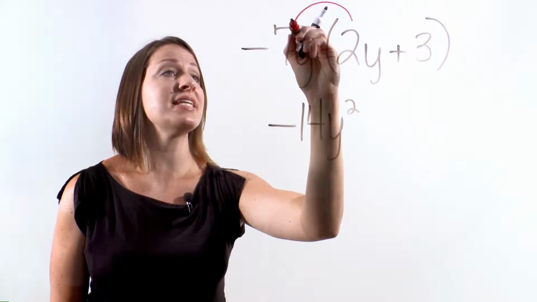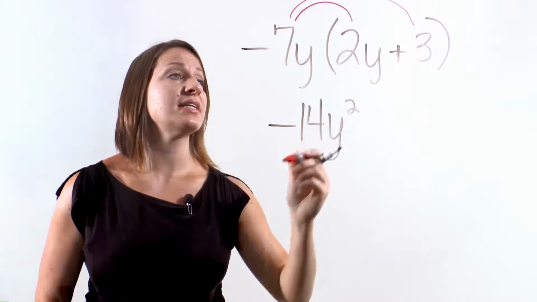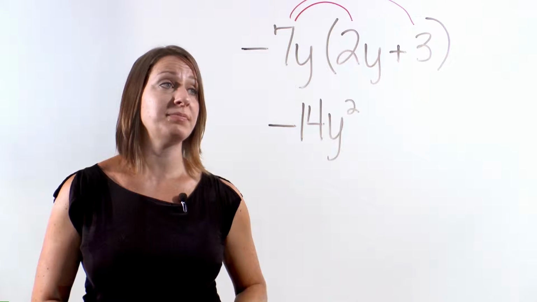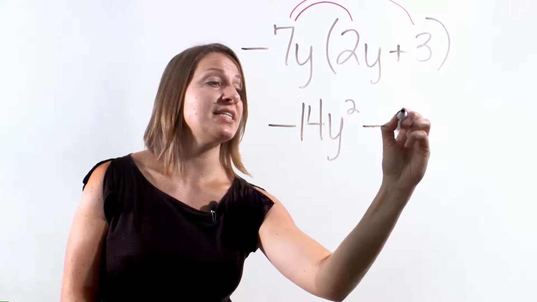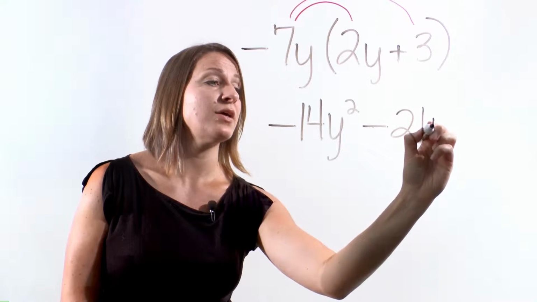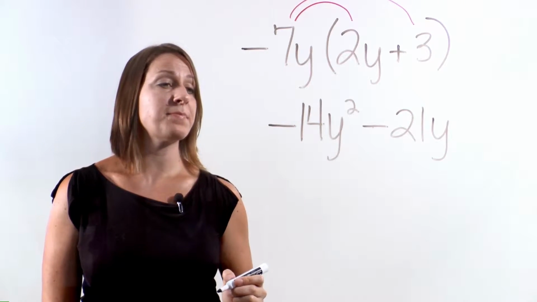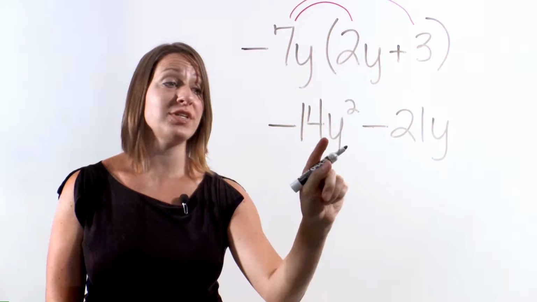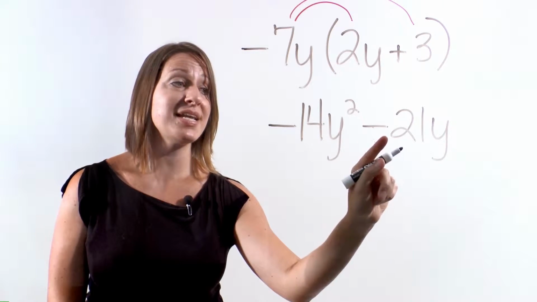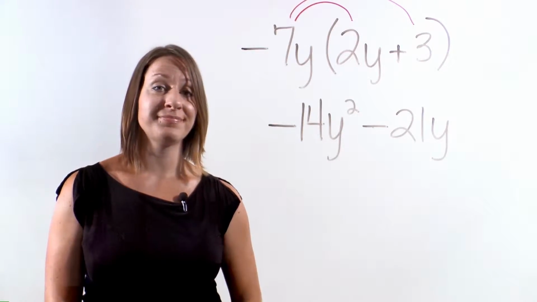Then we'll multiply the negative 7 times the positive 3, and that gives us a negative 21y. So the answer to this multiplication problem is negative 14y squared minus 21y.